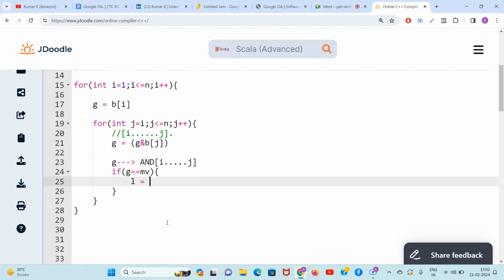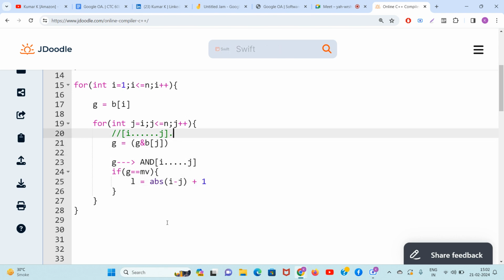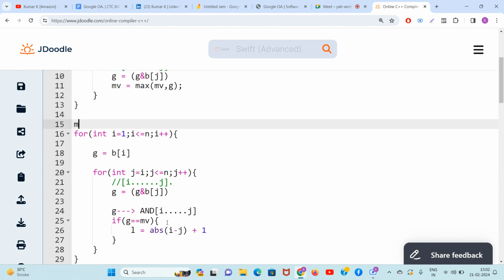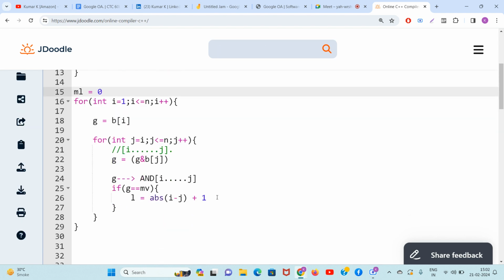Length is what? Absolute value of i minus j, because the subarray is from i to j, so i minus j plus 1. You want the maximum length, right? ML equal to 0. Whenever I get a valid length, I will compare it with the maximum length. So I will get the maximum of all the lengths.